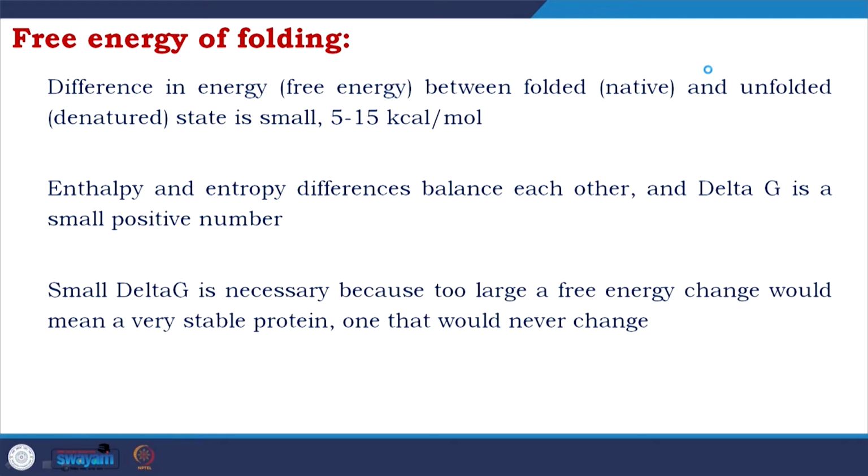So, when we say that the delta G would be small, what does that mean? It is necessary because too large a free energy change would mean a very stable protein.